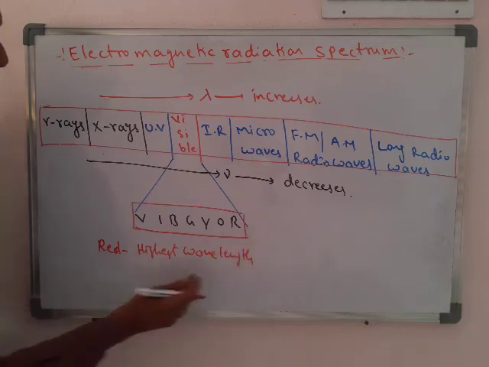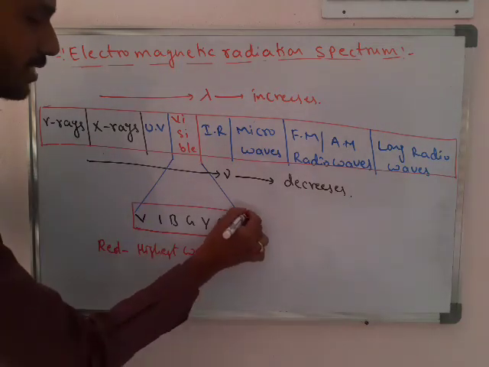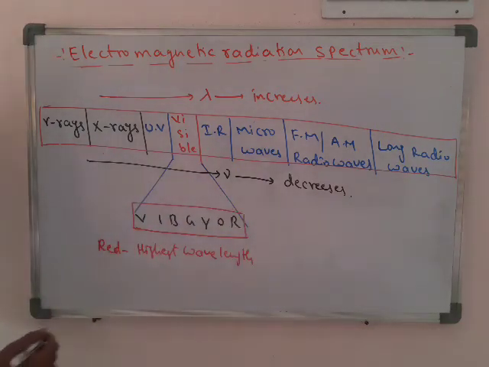Highest wavelength here means only within the VGR, not among all radiations.